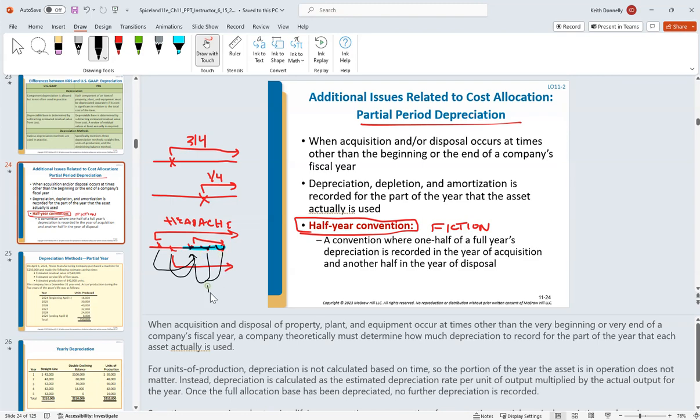So we will give you a half of a year of depreciation up front, to make it simple instead of calculating all that as days, having the headache. And then in the last year, when you own it, regardless of whether you sell it or it's the end of the year, we're going to give you a half year then. So this combination up front of a half year when you first buy it, and on the back end a half year, is going to satisfy the amount of years it was in use.